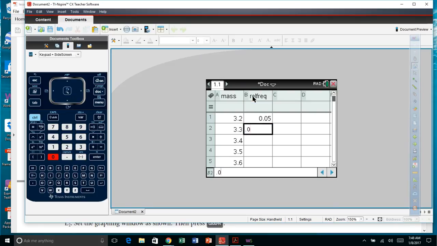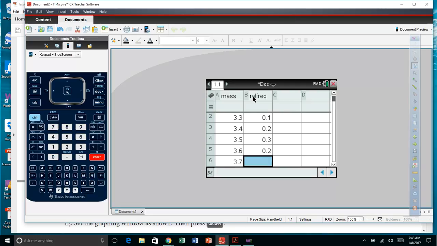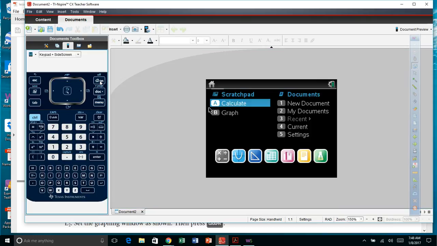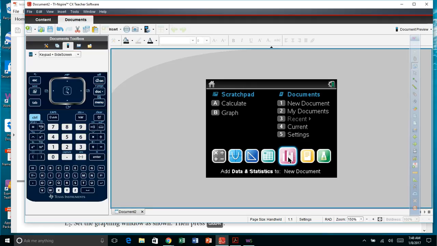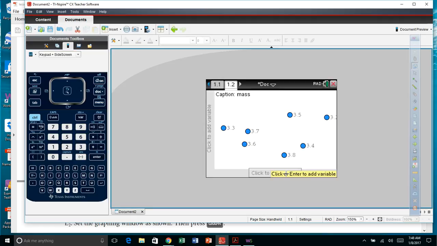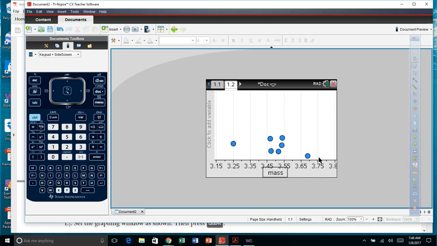0.05, 0.1, that's supposed to be 0.1, 0.2, 0.3, 0.2, 0.1, 0.05. All right, we're back up in the data. Now let's go over here and press on and bar graph. Down here, mass, and over here.